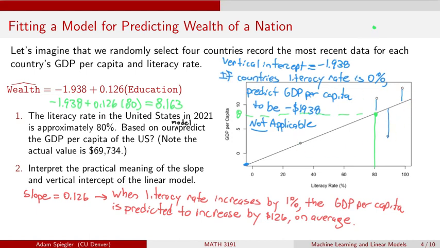So we probably don't want to use our model, which was based on countries that had literacy rates much bigger than 0, to make a prediction about a hypothetical country whose literacy rate is so far removed from all of our observed data. So in this case, the vertical intercept, we can try and interpret it, but it probably doesn't make any sense in this context.